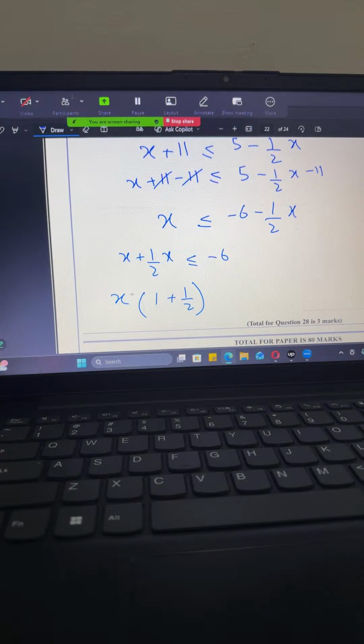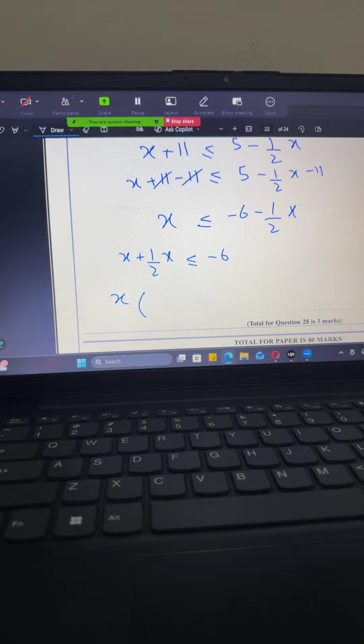So you can see that we just did the opposite of expanding. If you multiply it again inside the brackets, you will get the same thing over here, right? So can you do 1 plus 1 over 2? It's just 1.5, or 3 over 2, right?